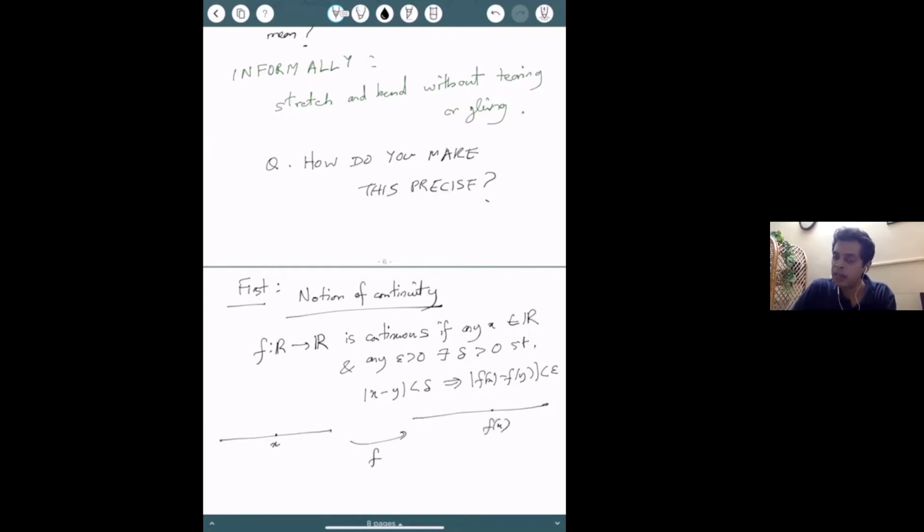Continuous at x means that if you take a small neighborhood, an epsilon neighborhood of f of x, this open interval here, then there's always going to be some small enough neighborhood of x that lands in there. So this is what continuous means.